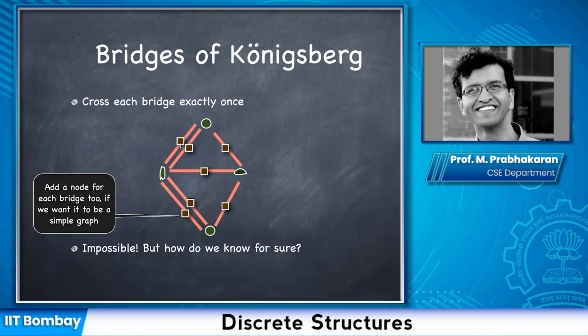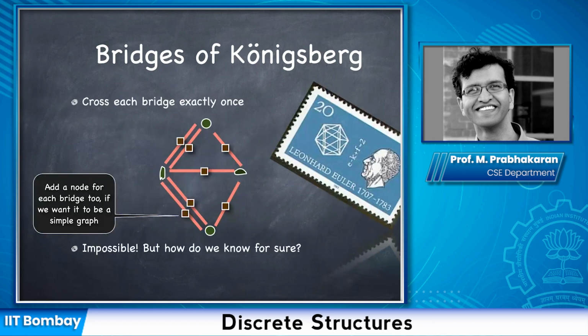Now there's a simple graph, and we shall see how to use this graph to formalize the puzzle and show that you don't have a solution for it. And this is indeed what Euler did way back, leading to the genesis of graph theory.